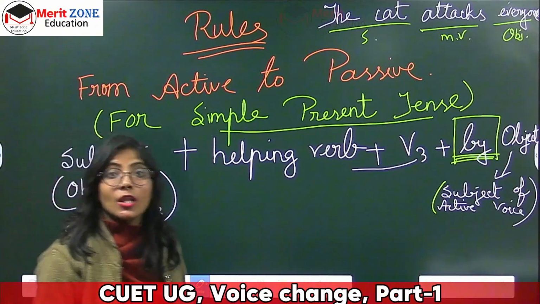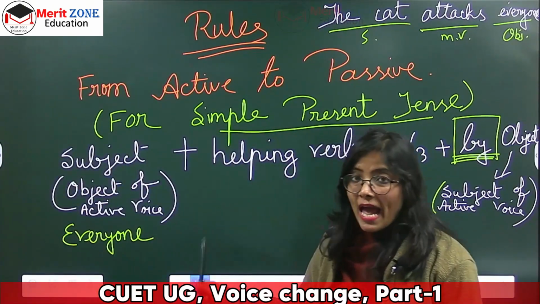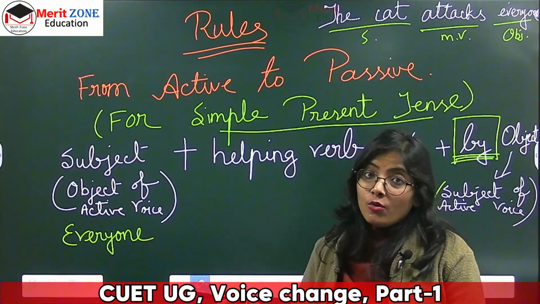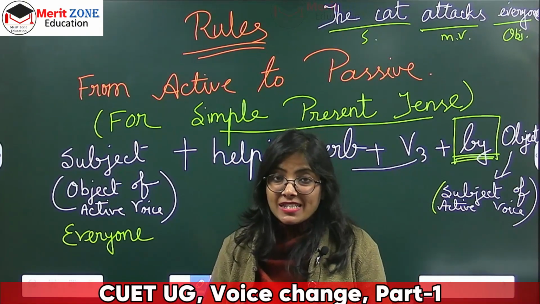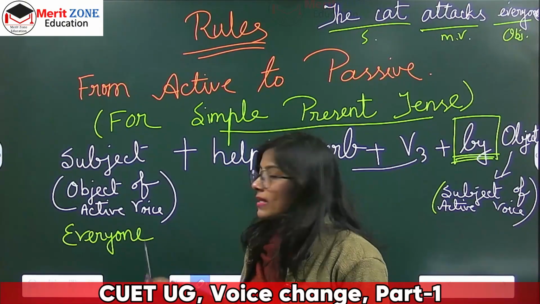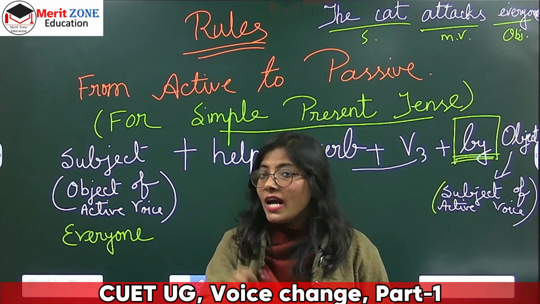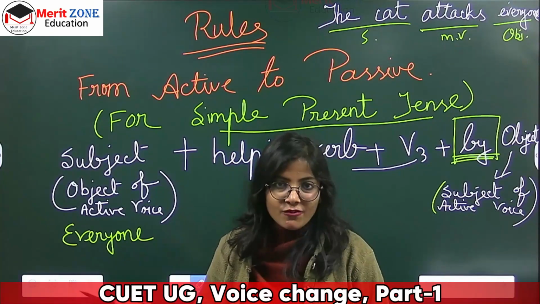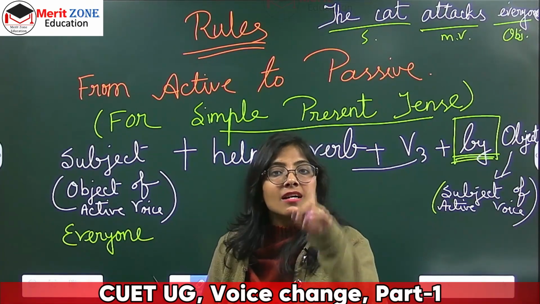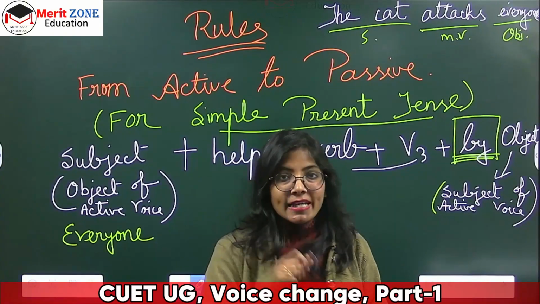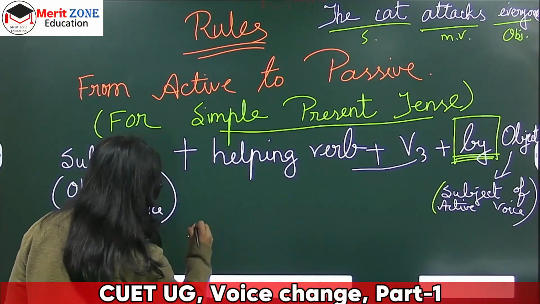Now, with that, we have to add a helping verb. Now, a confusion can be created: is or are. Everyone मतलब तो सब होते हैं, but no, everyone is a distributive adjective. तो इसके लिए we will consider it as singular number. So, is will be added. Everyone is.